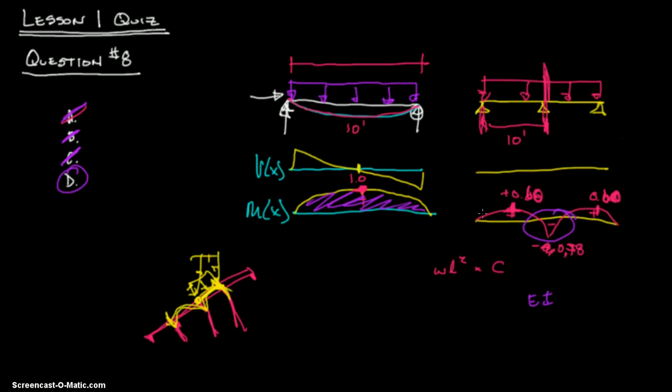And I drew this differently than you might want to draw it, but when you draw the deflection of how this is going to deflect, it's going to look like this. As soon as you get to a point where you would think it's going to start frowning, it's kind of like a point of inflection where you can eyeball it and say, oh, about right here, about right there, and about right there, it's starting to frown.